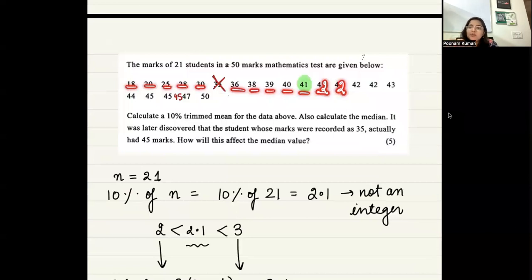So our 12th position would actually be our median value. Did we understand this? Yes, ma'am. So the median is 41 only, but when we removed this, we actually moved from here to here. If they had a different number here, our median would have changed. So in this case, the median will be the same.